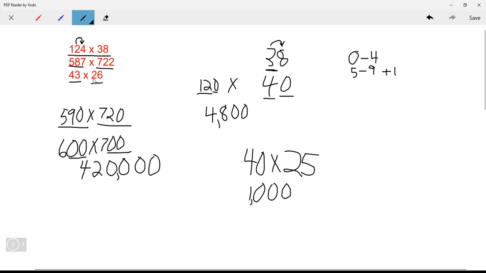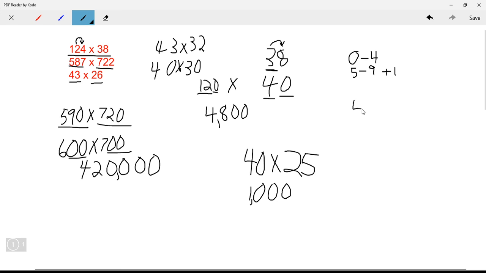Also, let's just say both of your answers are rounding down, so let's just say 43 times 32, and then I round to 40 times 30. In this case, we know for certain that the rounded answer is going to be lower than the actual answer.